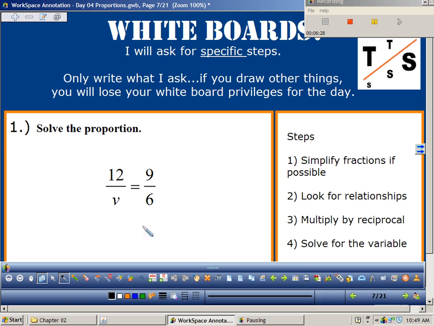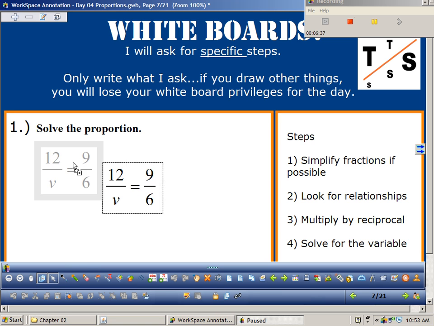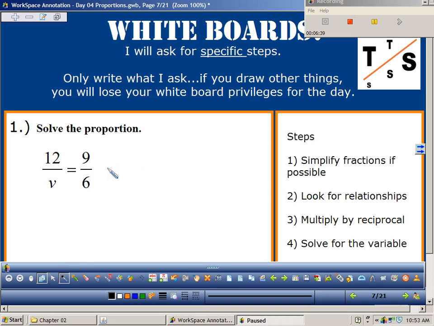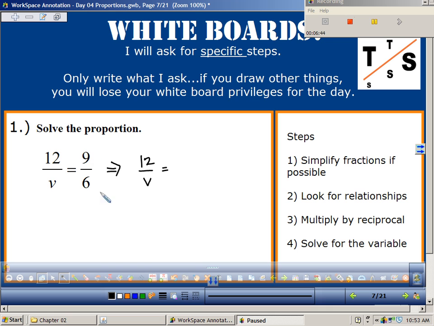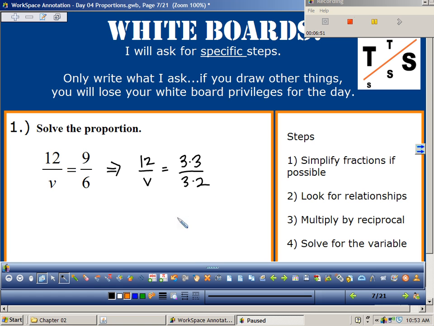All right. Try this one on your own with the steps. Okay, so if I were to simplify, I notice that, let's move this over here because I'm going to change this. 12 divided by v equals 9 and 6 both have 3 in common. 9 is 3 times 3 and 6 is 3 times 2. 3 divided by 3 is 1.